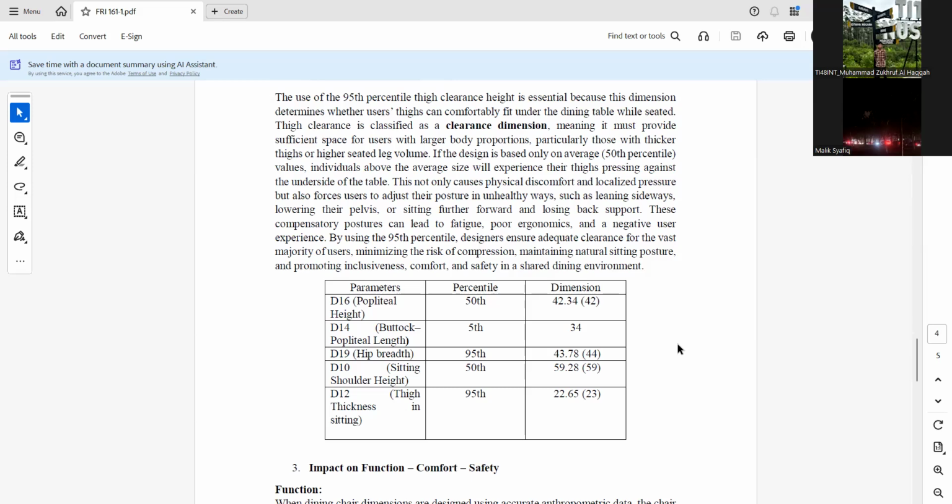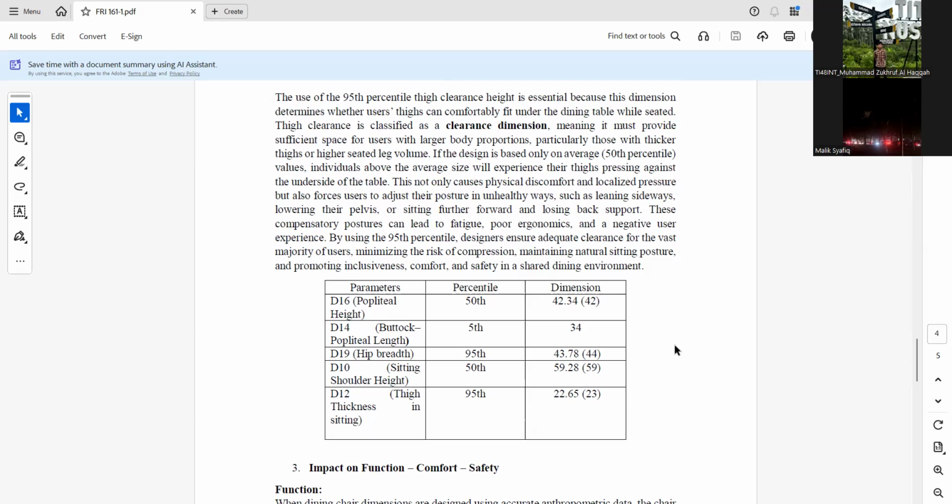Because if we make it smaller, using a smaller percentile like the 50th or maybe the fifth, it could cause physical discomfort and force them to adjust their posture in unhealthy ways, such as leaning sideways or sitting further forward, and so on.